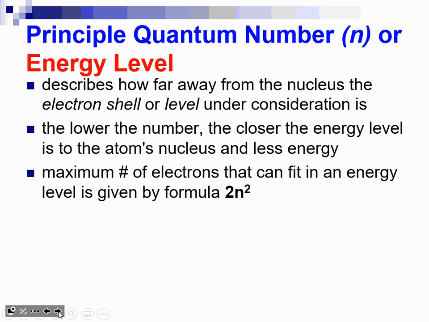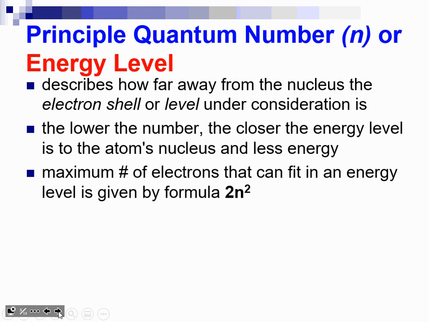The maximum number of electrons that can fit on an energy level is given by the formula 2n squared. If we're dealing with the first energy level, n is equal to 1. So n squared, 1 squared is 1, times 2 is 2. So the first energy level can only hold 2 electrons.